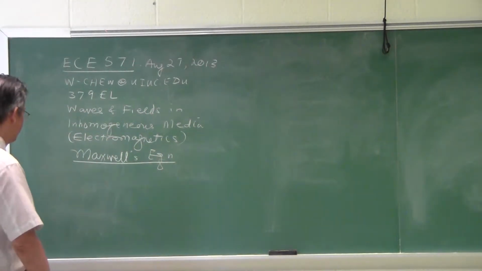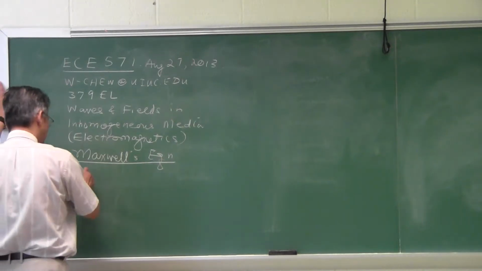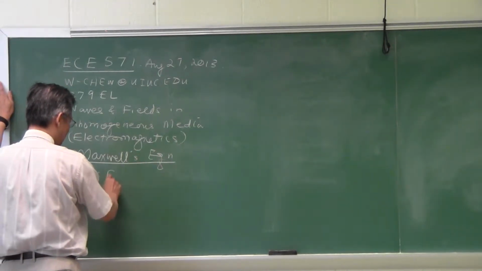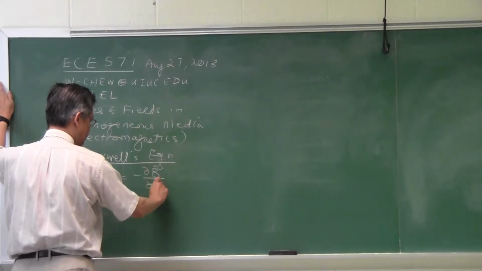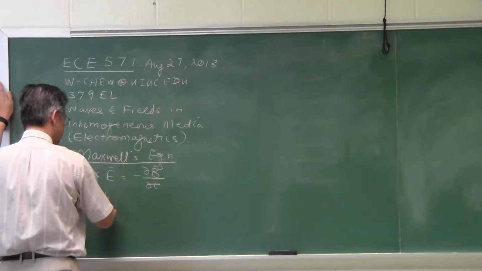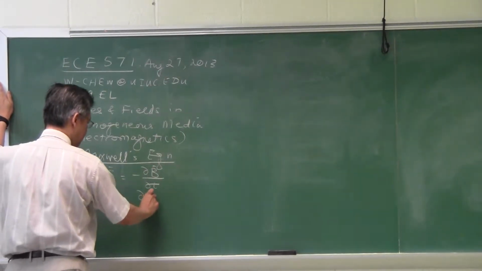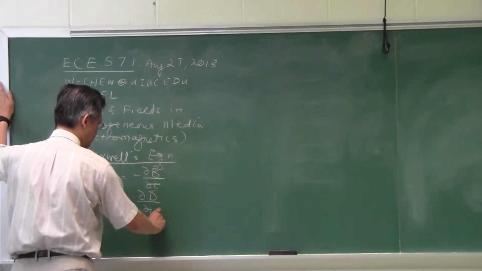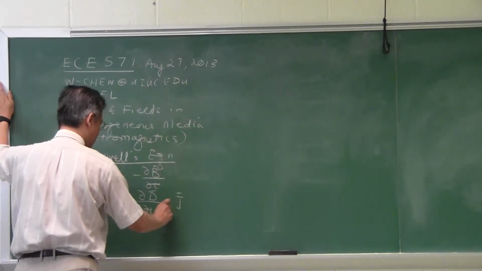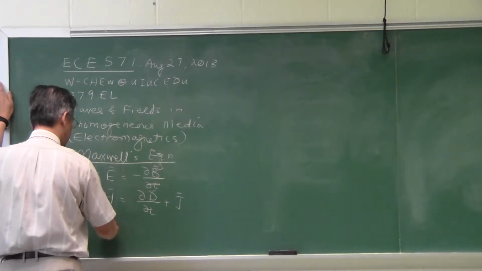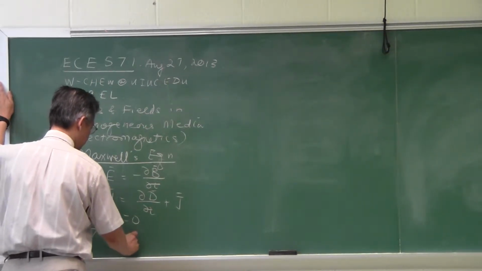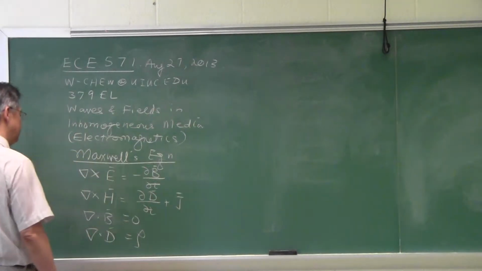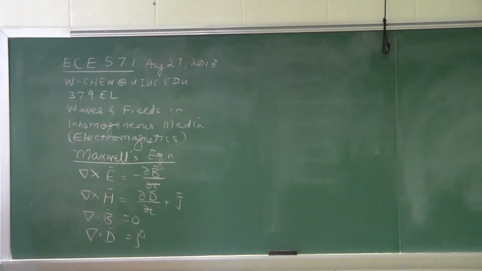Maxwell's equations, if I remember, look something like this: curl of E minus dB/dt, curl of H is dD/dt plus J, and then divergence of B equal to 0, divergence of D equal to rho. These are the four Maxwell's equations.